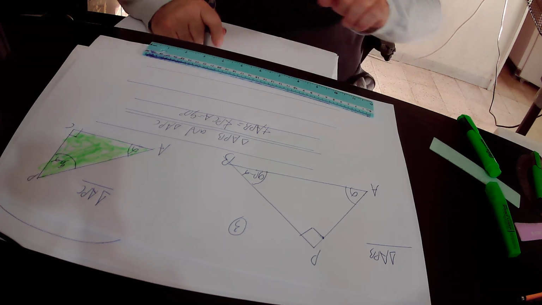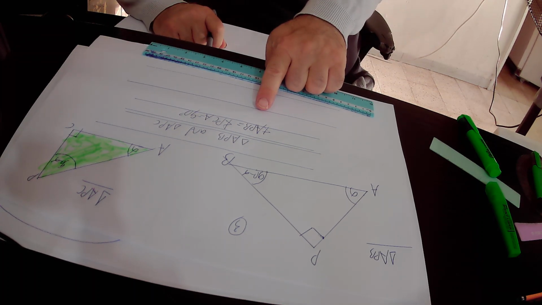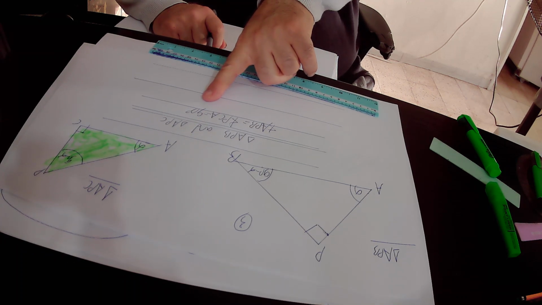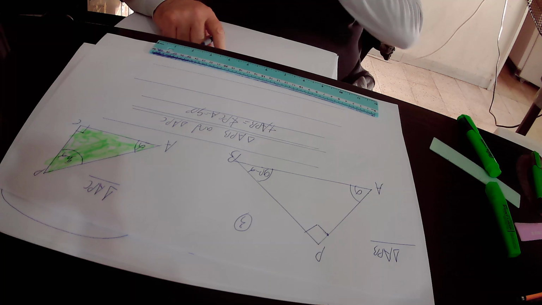Again, angle APB in the right triangle equals angle PCA in the right triangle. They are both equal to 90 degrees, therefore they are equal to each other.